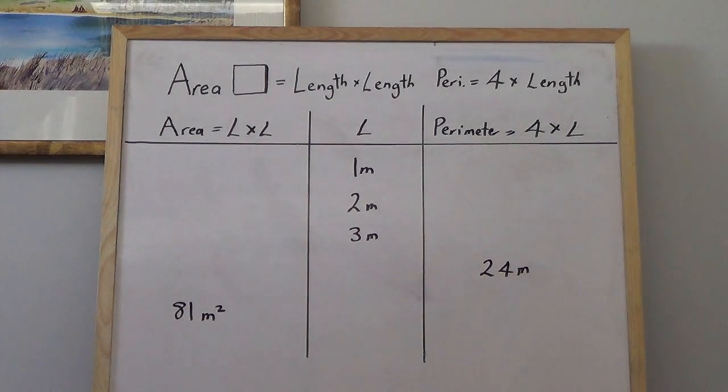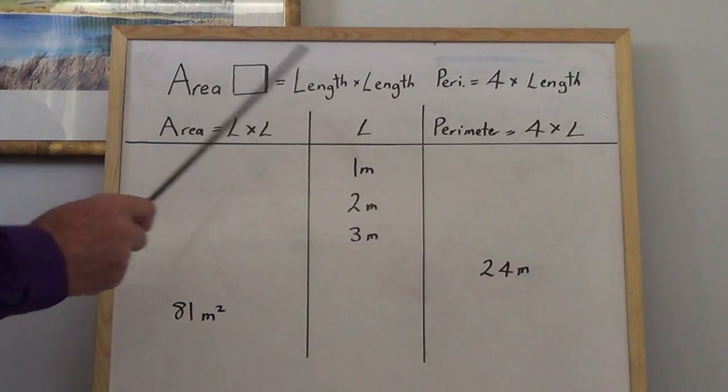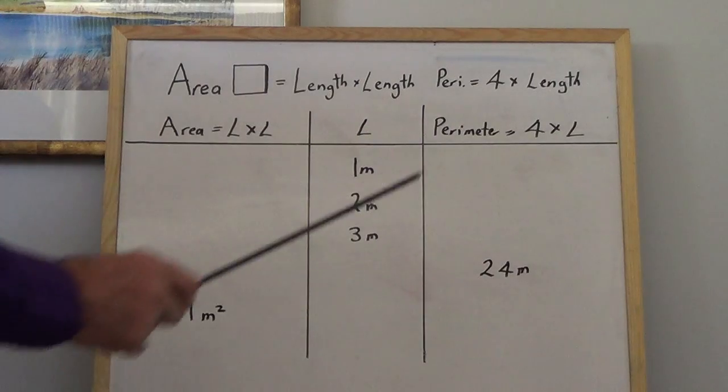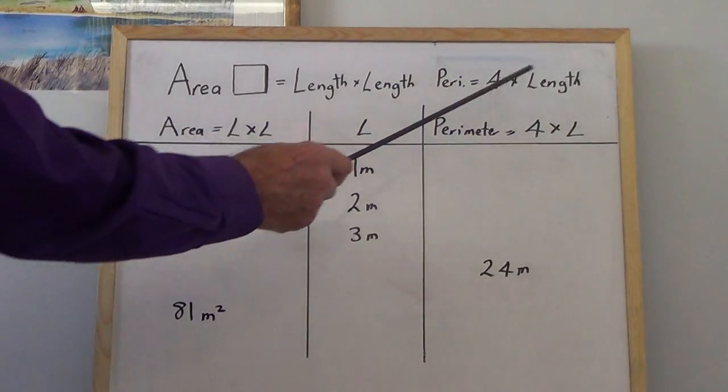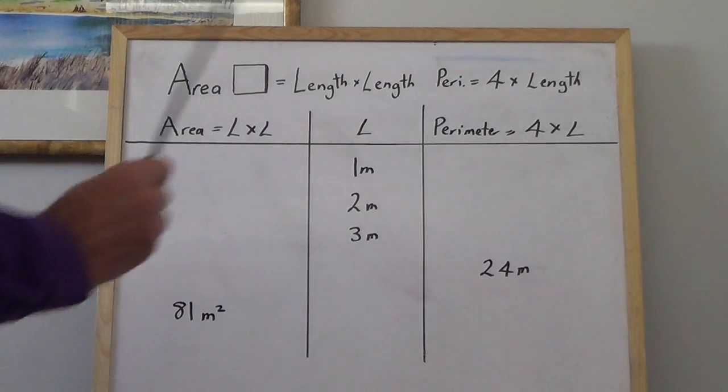We're going to look at its area and its perimeter. Right? Now, the area of a square is the length times the length, and the perimeter of a square is 4 times the length. Right? Now, what we're going to do is we're going to fill in this table.